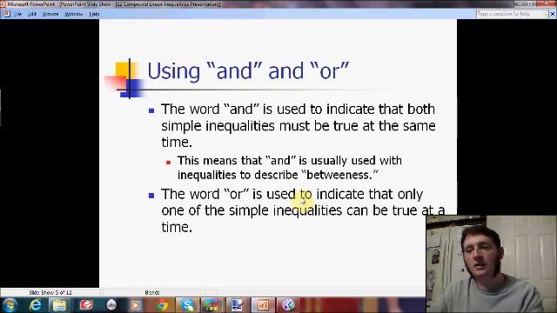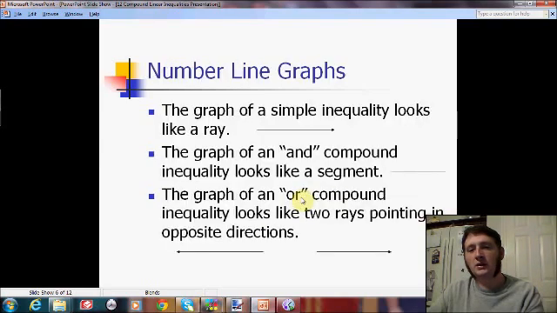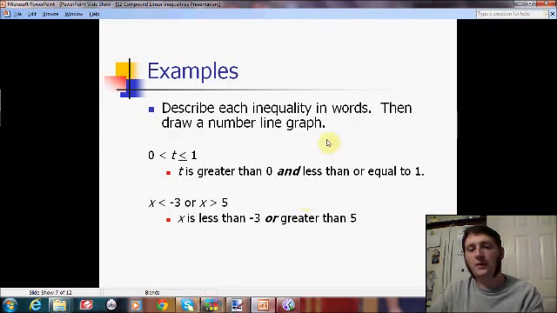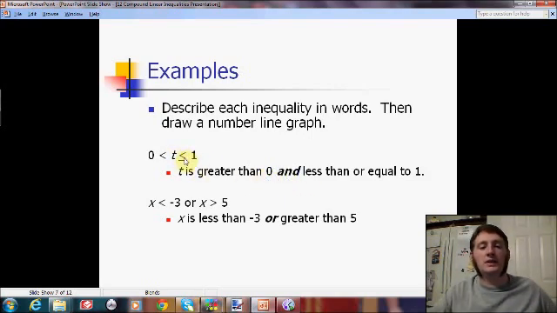So let's just look at a quick example here. Describe each inequality in words, then draw a number line graph. Okay, so t is between, so we're going to need the word and. So 0 is less than t, so t is greater than 0, and t is less than or equal to 1, is how you would read this in words. T is greater than 0, and less than or equal to 1.